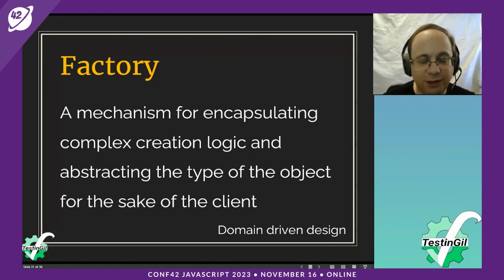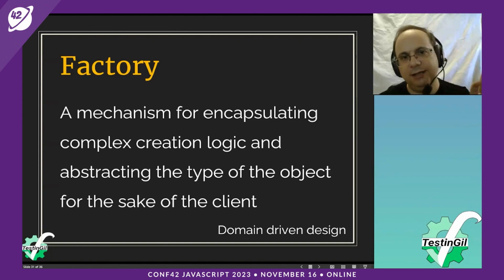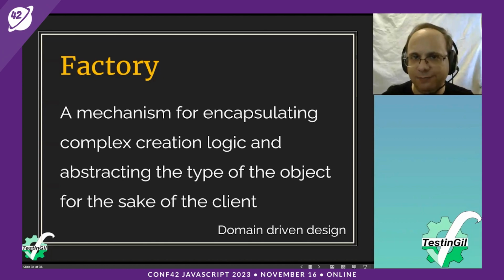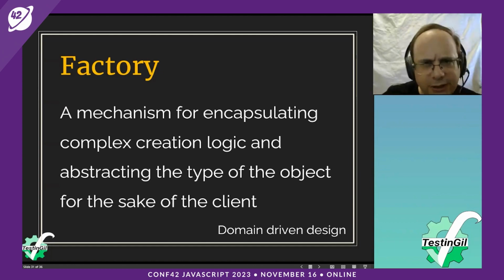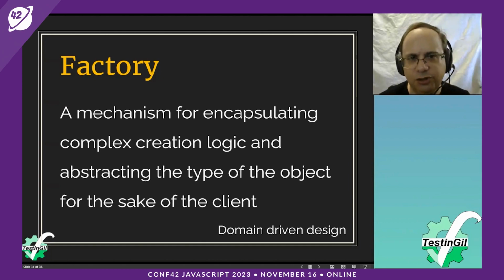But what it really means is we're separating the creation of the object, putting it somewhere else, from the usage of the object. Somebody else creates the object on their own time, and the user of the object just gets it out of thin air and uses it.